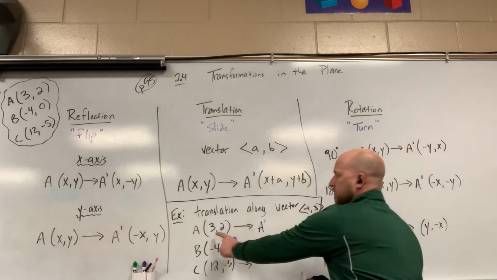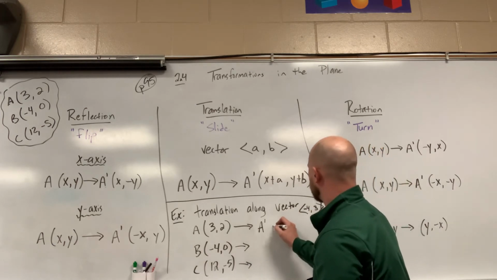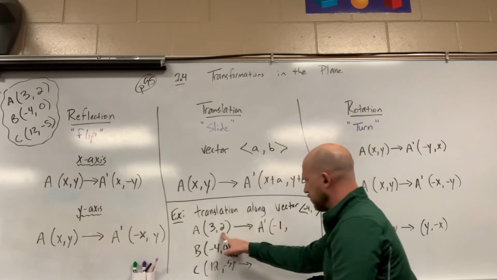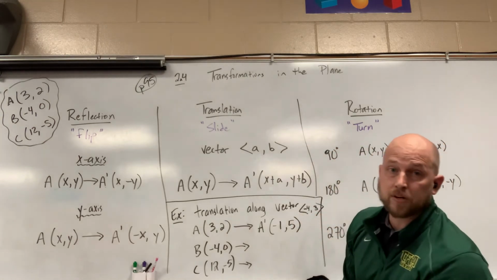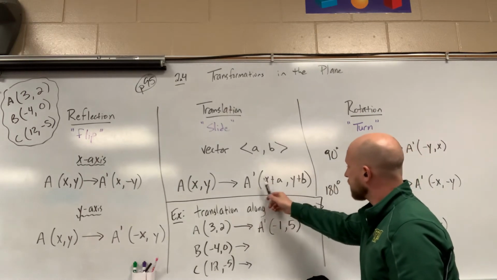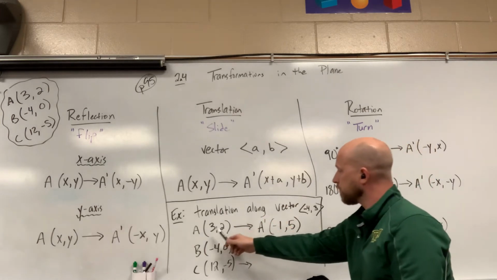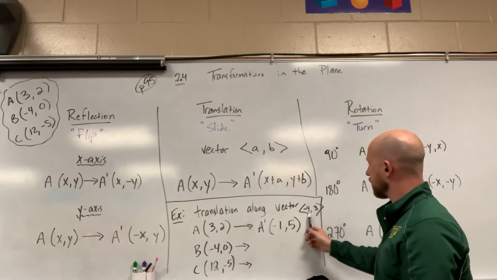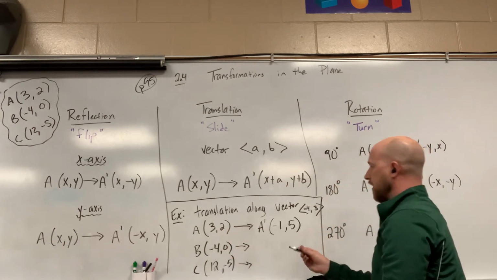So 3 plus -4 is -1. 2 plus 3 is 5. That's how I transform point A. Again, it is your X, which is my 3, plus your A, and my A is -4. So 3 plus -4 gives us -1, and 2 plus 3 gives us 5.